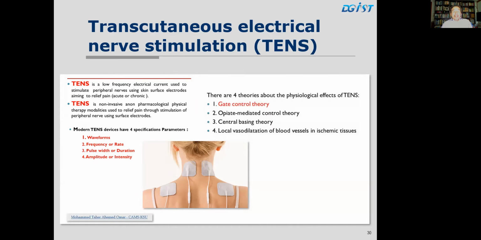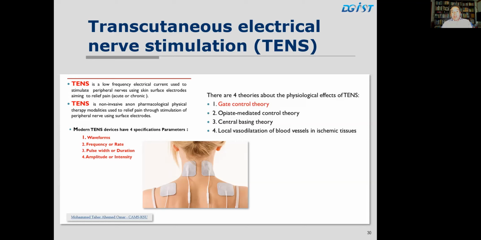Now, we have a little better idea how this works than the tumor treating field, and there are 4 theories about the physiological effect of TENS. One is the gate control theory, which we're going to talk about shortly. The other one is the opiate mediated control theory, so that these electrical fields release some endogenous endorphins or opiates, endogenous opiates, endorphins to minimize the pain.